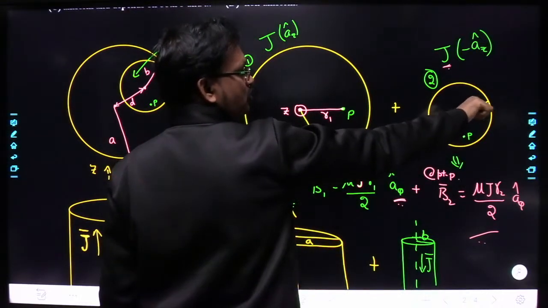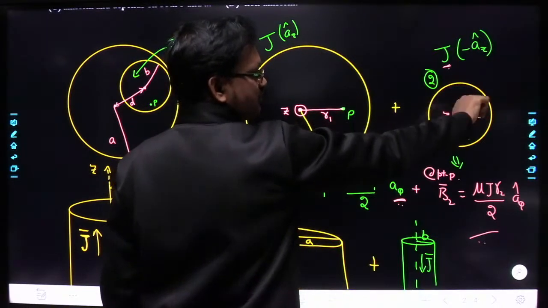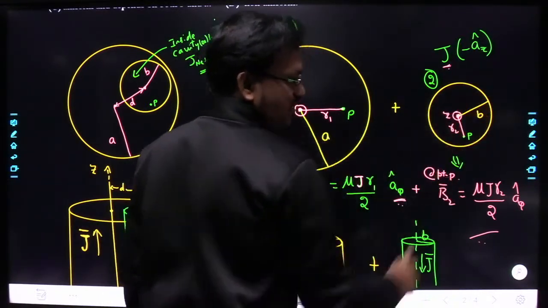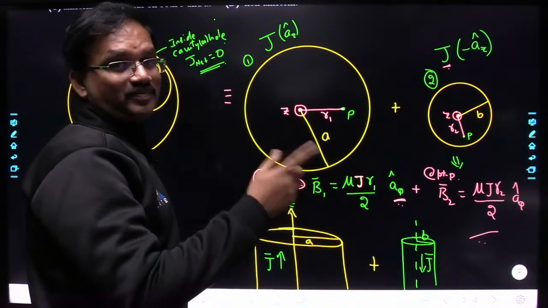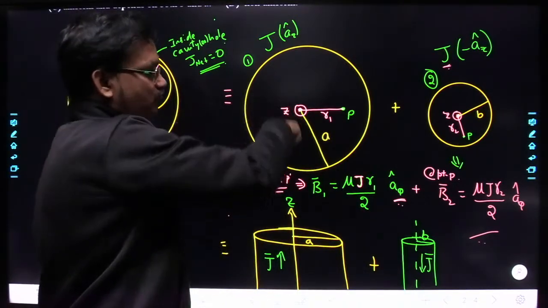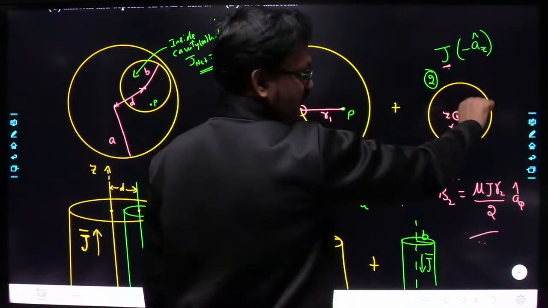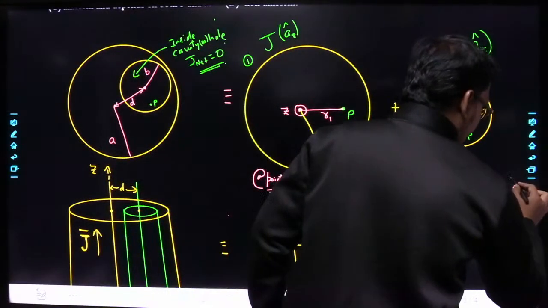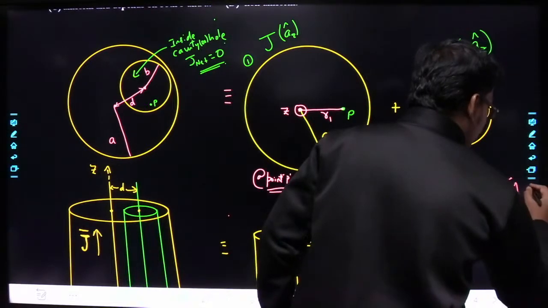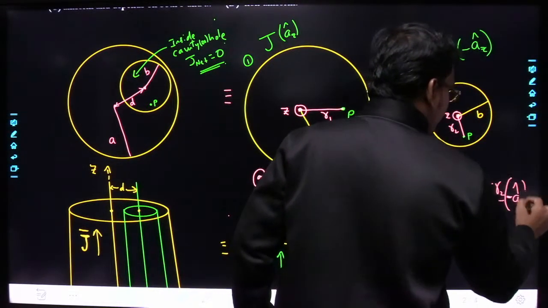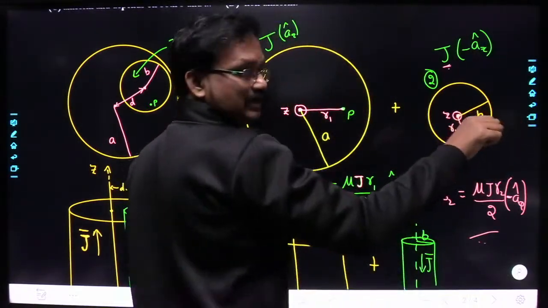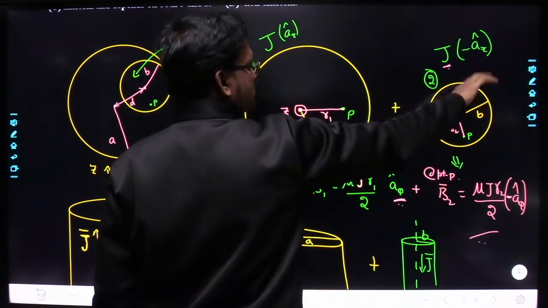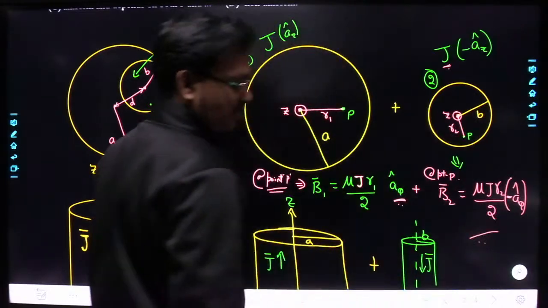So if the current is flowing into the board, what must be the B field direction? The B field is going to circulate in clockwise direction. Anti-clockwise we consider as plus A5 cap, so clockwise is minus A5 cap. Why? Because the current is flowing into the board, so the B field circulates in clockwise direction, that means in minus A5 cap direction.